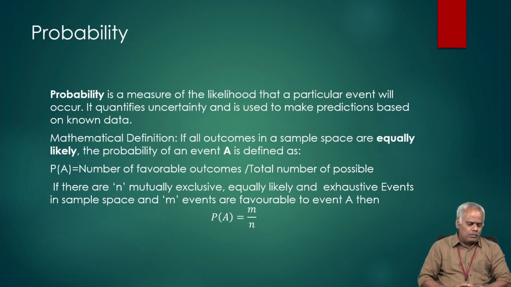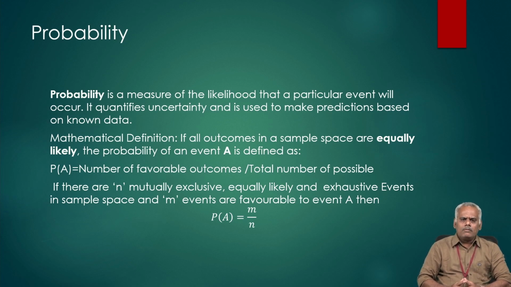Now we define probability. Now what is probability? Probability is a measure of the likelihood that a particular event will occur. It quantifies uncertainty and is used to make predictions based on known data. So what is the mathematical definition of probability? If all outcomes in a sample space are equally likely, the probability of an event, what is an event? It is a subset of sample space.